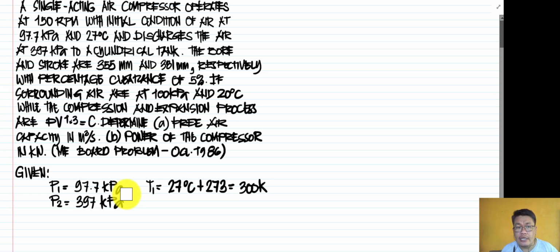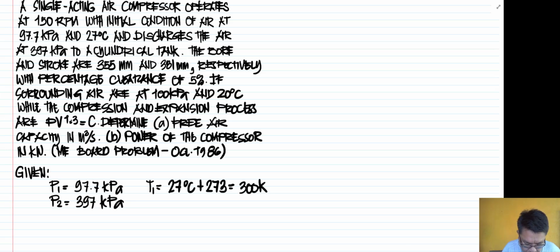Eventually the problem will state that. But if it is not stated as gauge pressure, automatically that is an absolute pressure.